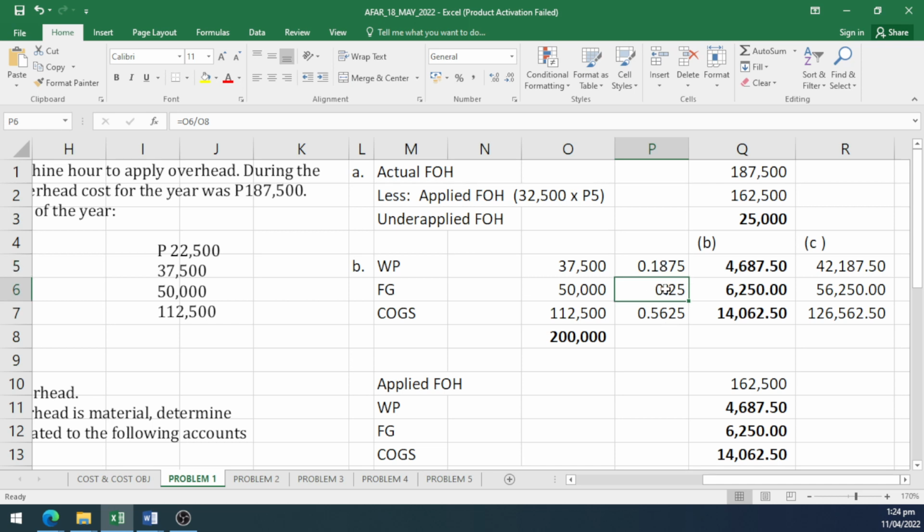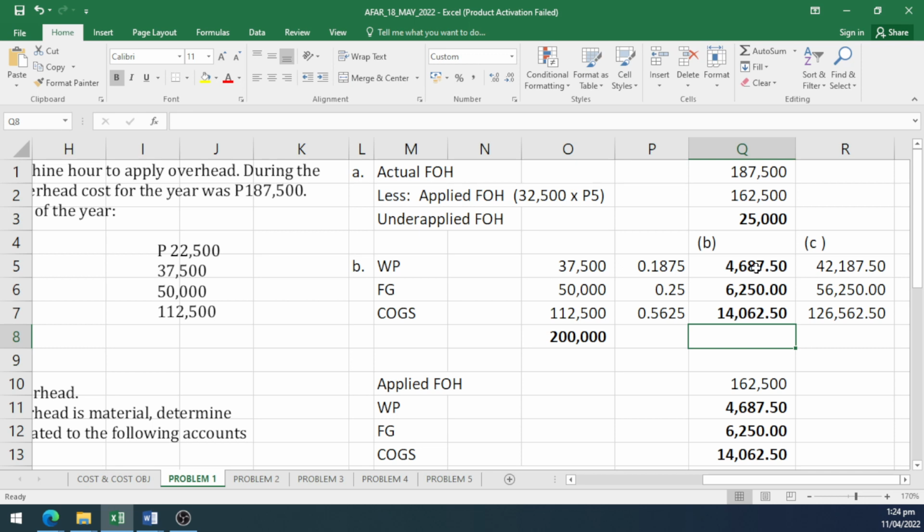Then for finished goods, that's 25%, 50 over 200. And then for cost of goods sold, 56.25%. That is 112,500 over 200. Then multiply niyo po yan sa ating under-applied factory overhead na 25,000, and here is the allocated amount.